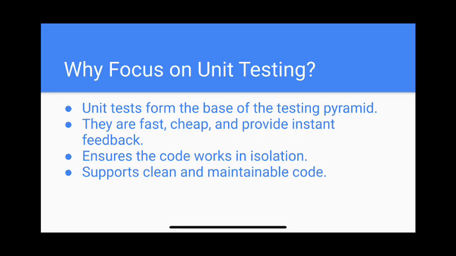Unit testing is the fastest form of testing and provides instant feedback, and it makes sure that the code works in isolation before you check that it works with the rest of the code. It supports clean, maintainable code. Unit tests also help ensure the code is well structured and that small mistakes don't grow into bigger problems later in the system, by catching them as early as possible.